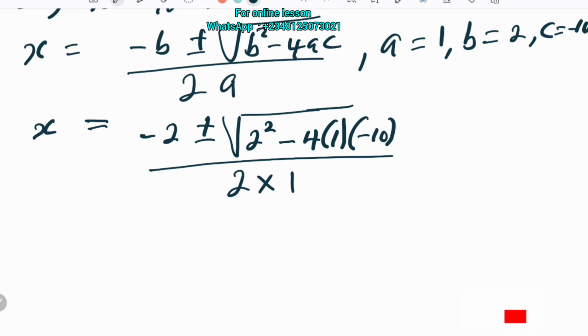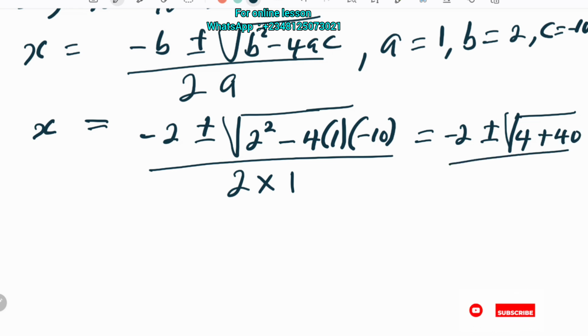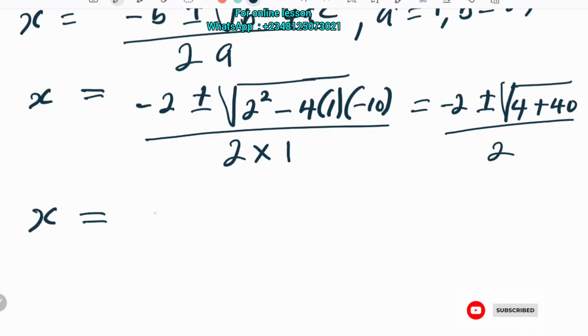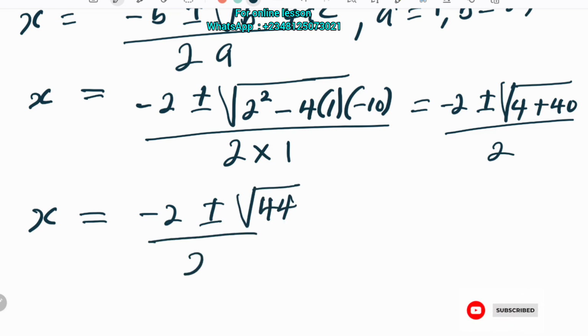So here we now have minus 2 plus or minus the root of, the same thing that happened, 4 plus 40, all over 2. So we have x equal to minus 2 plus or minus the square root of 44 all over 2.